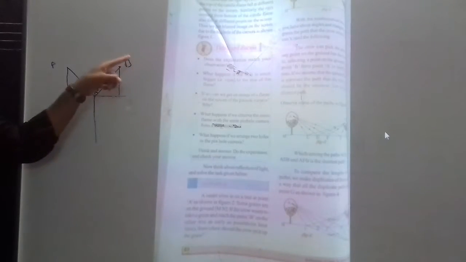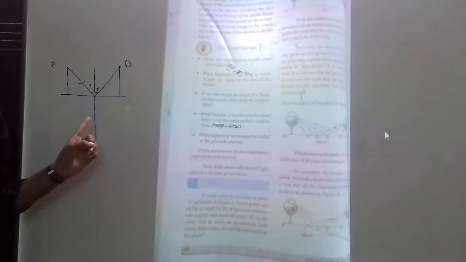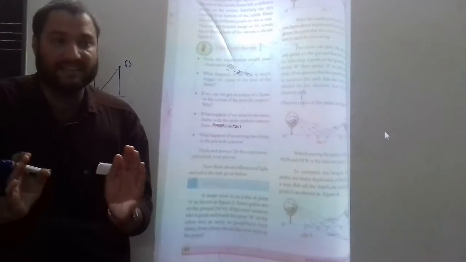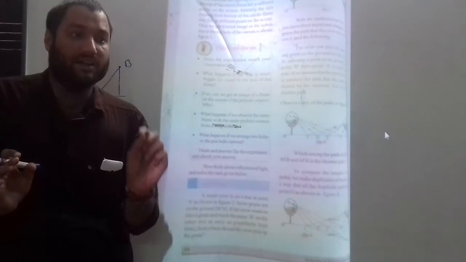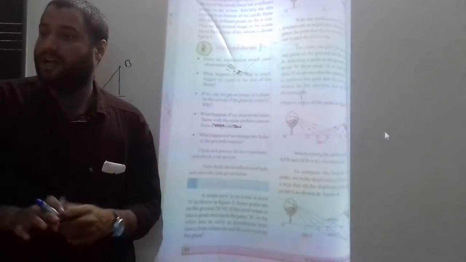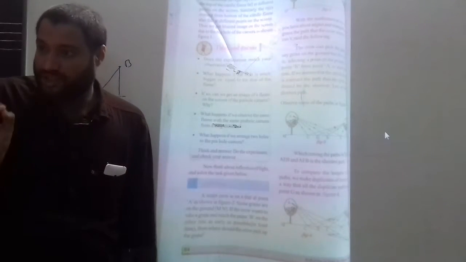it bounces back. Clear? Now what we have learned is Fermat's principle. According to Fermat's principle, light always takes the path which is shortest.